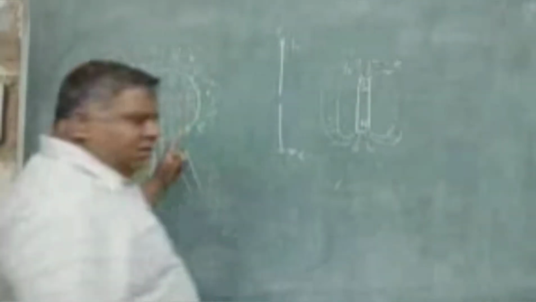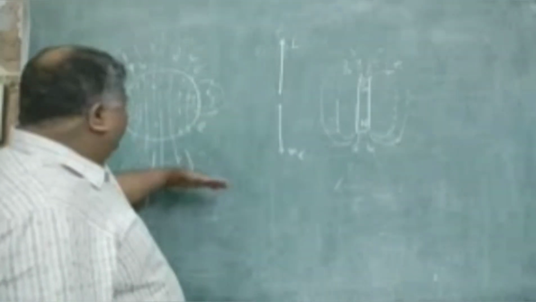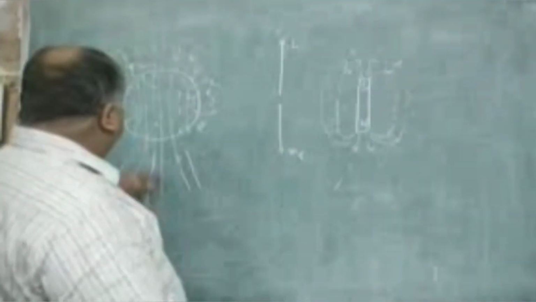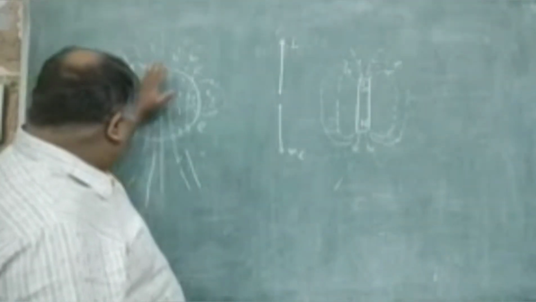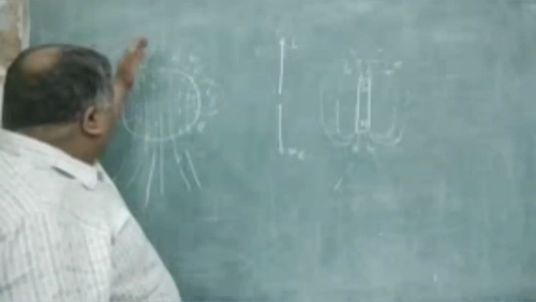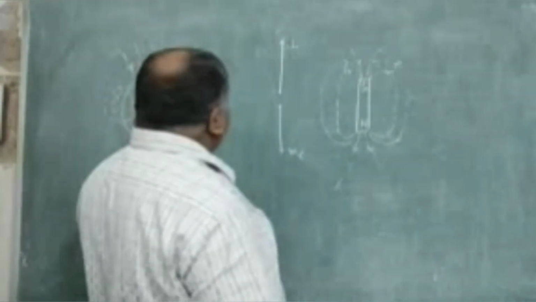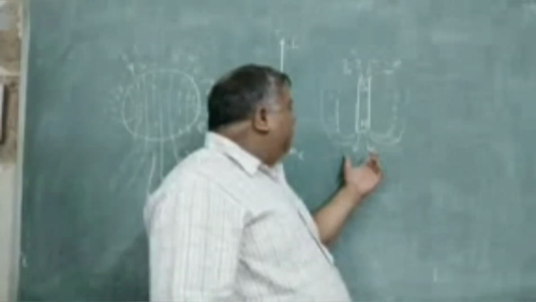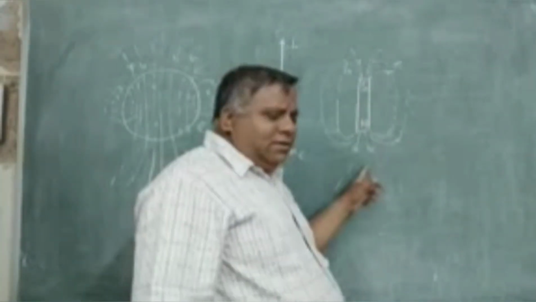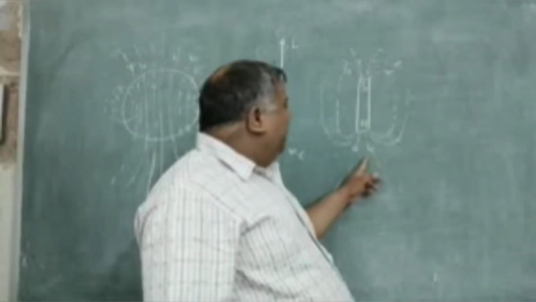So it is the orbit of an electron. Electron is moving in a plane orbit. The magnetic field of this loop is shown here. So the magnetic field is equivalent to the magnetic field of this magnetic dipole, which is a magnet.